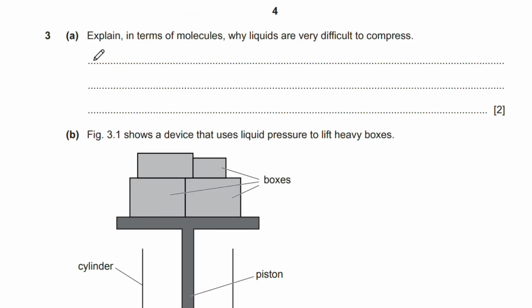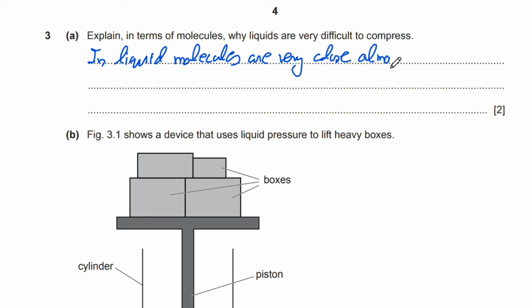Now explain in terms of molecules why liquids are very difficult to compress. See, in a liquid, molecules are very close, almost touching each other. Hence, the space between them is negligible.